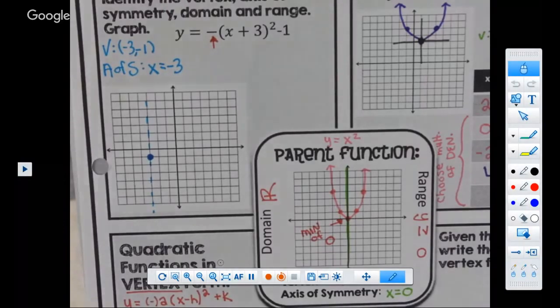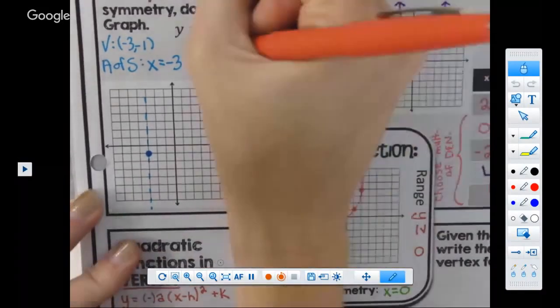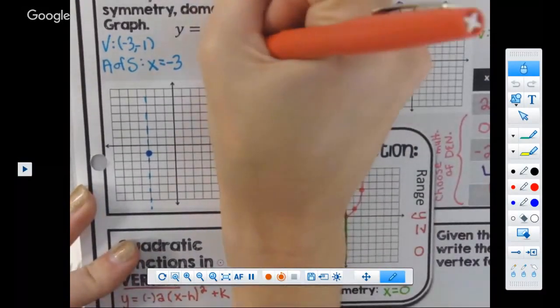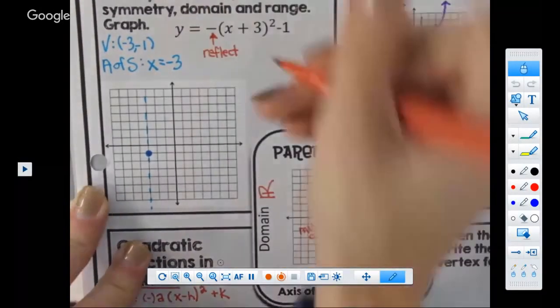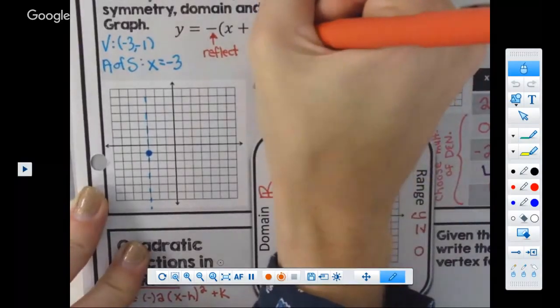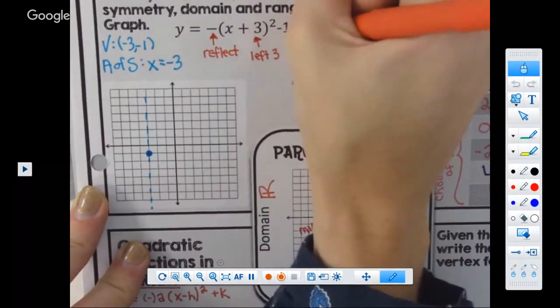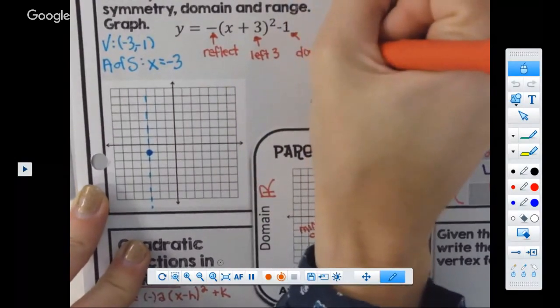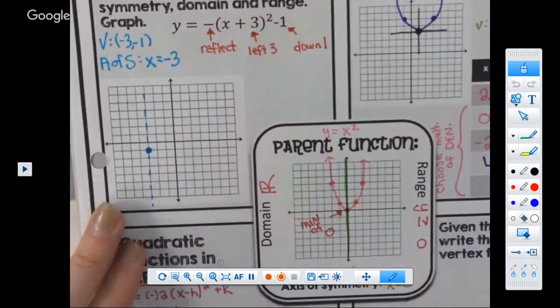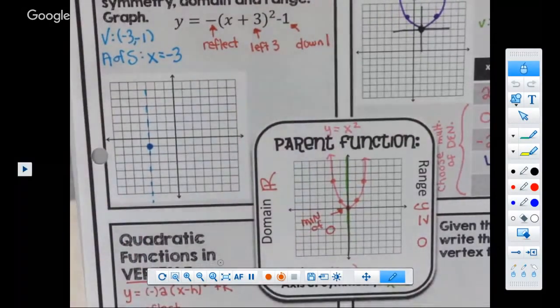Saying it's flipping or reflecting it. So I'm going to go ahead and note that. It's reflecting. What did the +3 do? It went to the left, and then -1 moved it down.